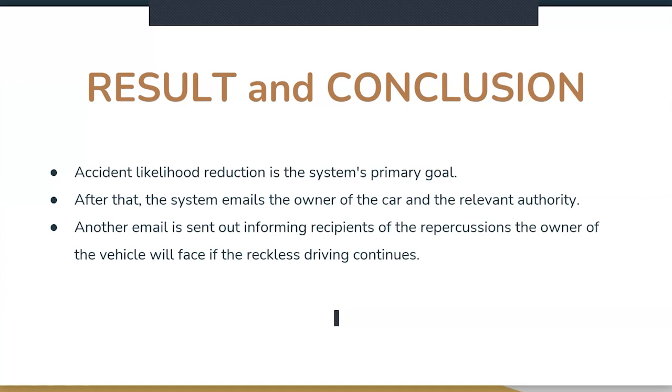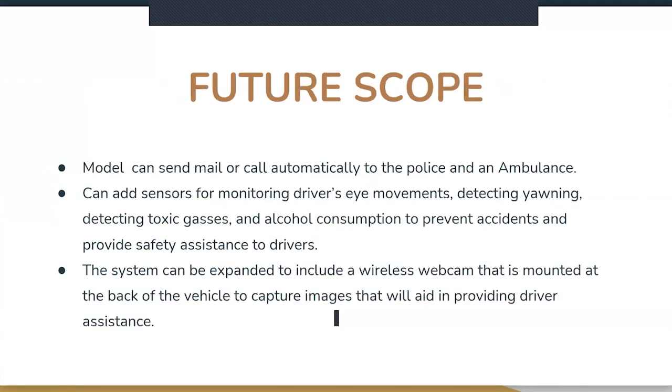That's the secondary goal. Another email will be sent informing the recipients, whichever emails are given at that time. It also sends an email if the driver is driving recklessly.